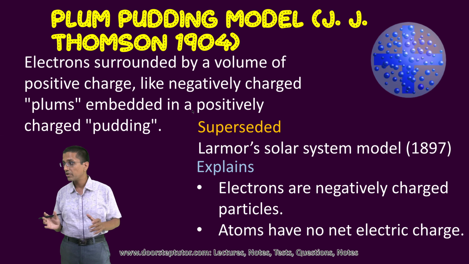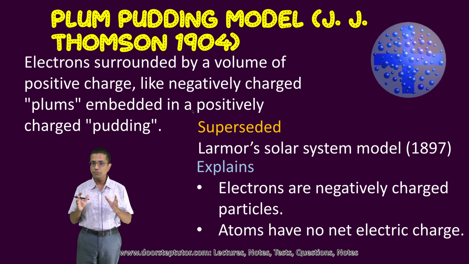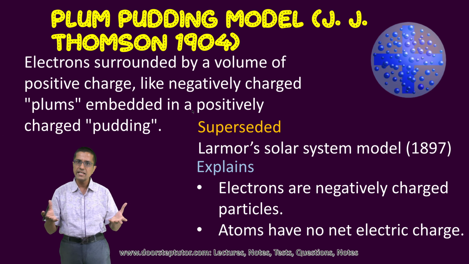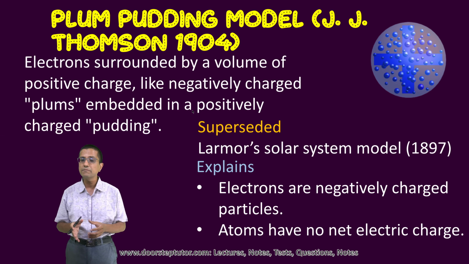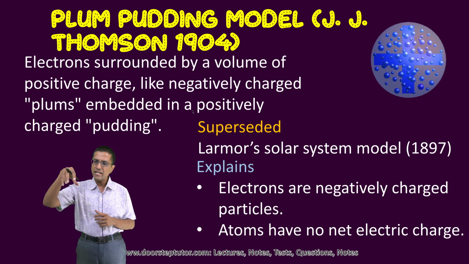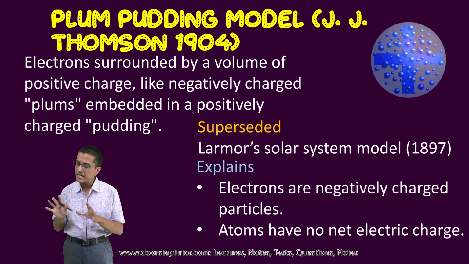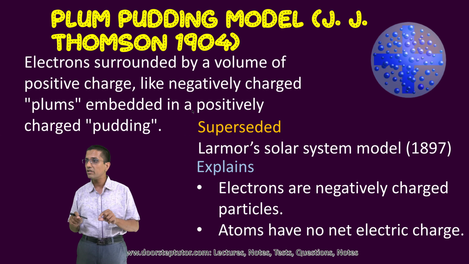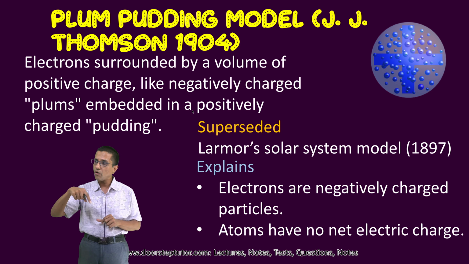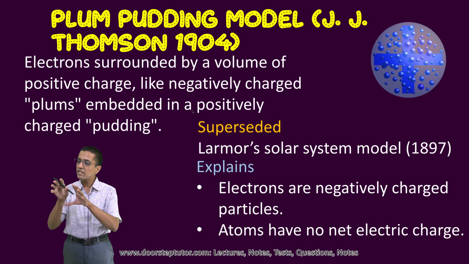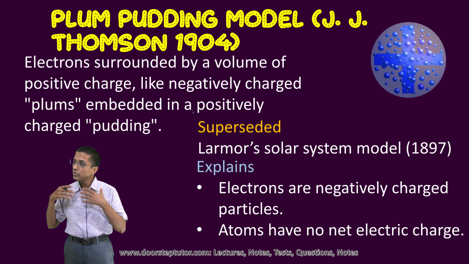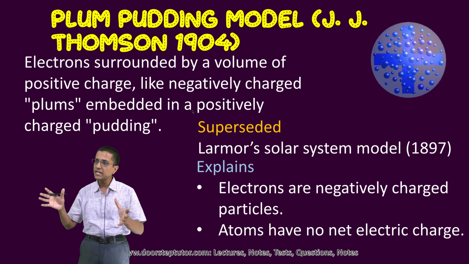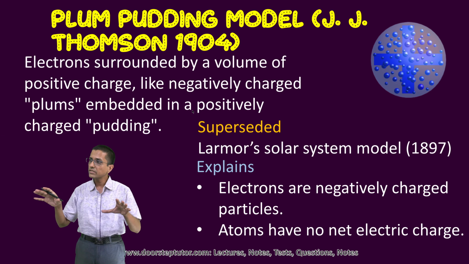The problem with this model was that, according to classical mechanics, the mechanics that we deal with in our daily life, if an electron were to revolve around the positively charged nucleus, it would slowly lose energy. At that time they didn't call it a nucleus, but whatever that positively charged particle was, the electron would become slower and slower.